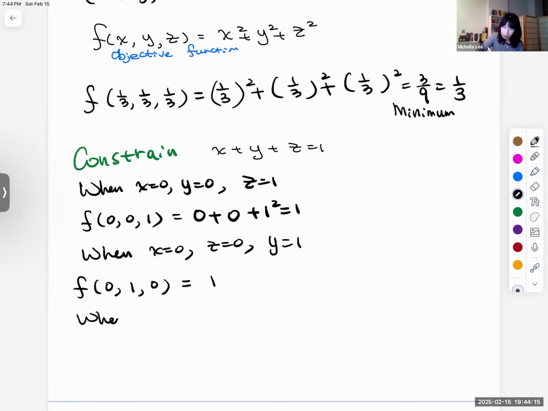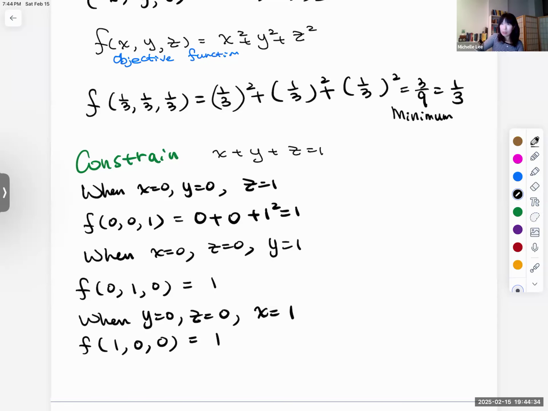When y equals 0 and z equals 0, then x equals 1, so f of (1, 0, 0) equals 1 as well. Everything is bigger than 1/3.